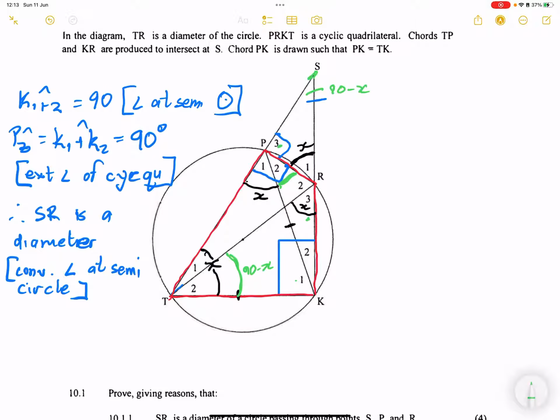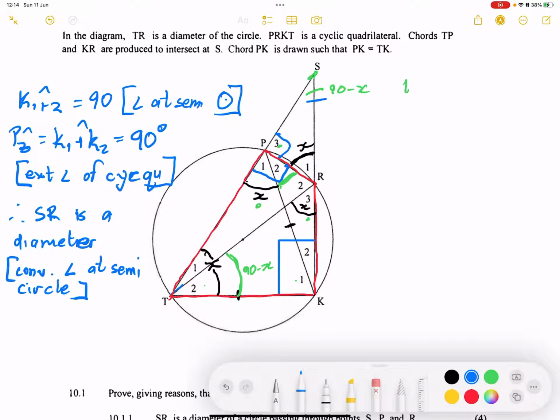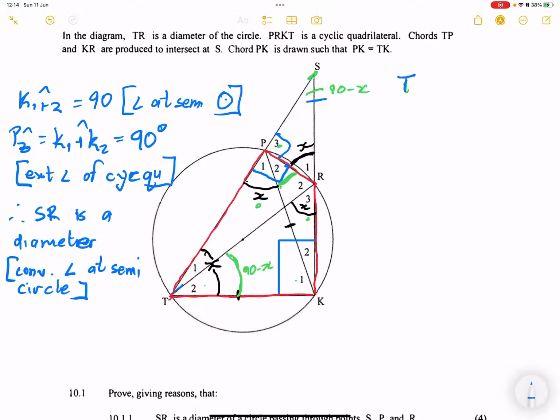So how did we do so? The first thing that we did was to name this angle X here. And what that meant was that this angle T1 plus T2, in fact, let's start there. Let's just use a different color again. So we said T1 plus T2 should be equal to angle R1.